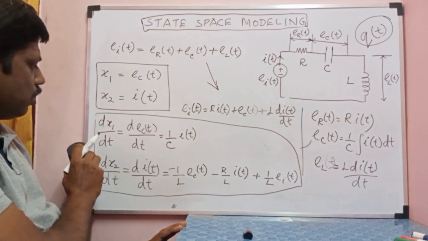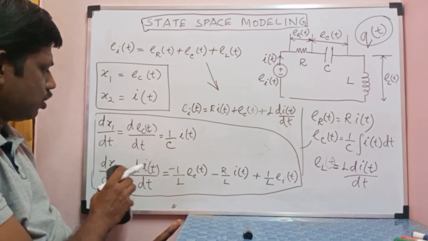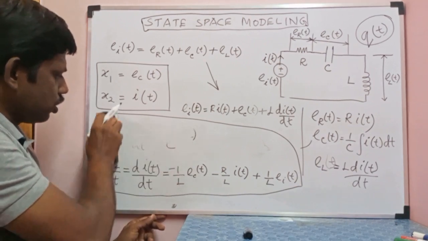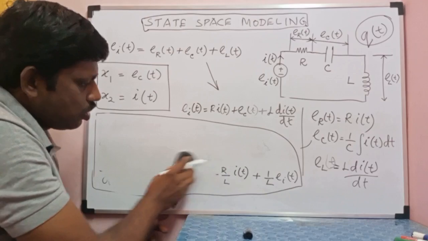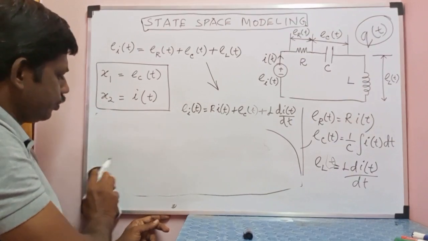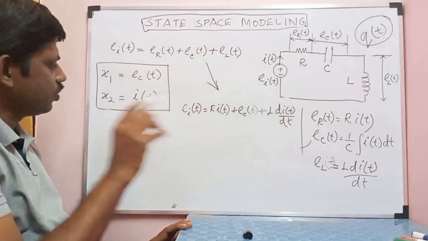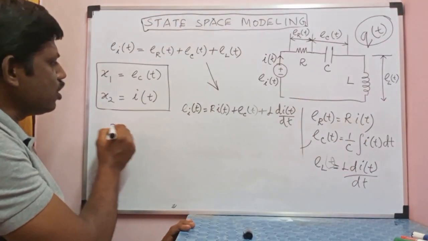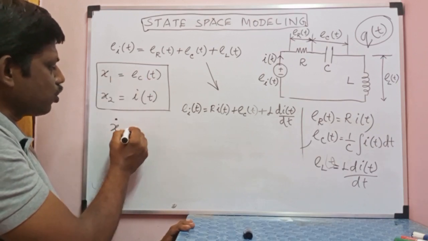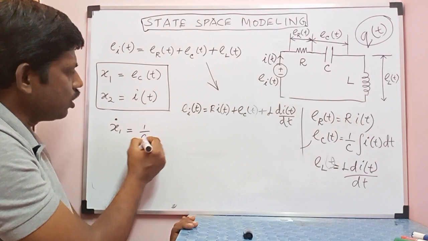So the first equation is dE_C of t by dt, that is x1 dot, equal to 1 by C I of t.